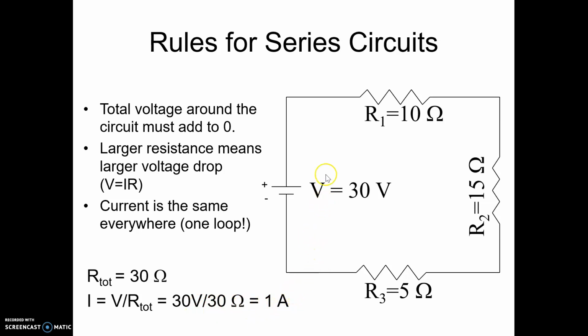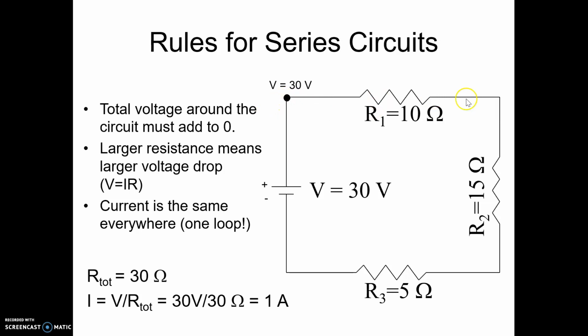Okay, so now if we walk around the voltage loop, you go up 30 at the battery, so anywhere in here is 30 volts, and then you're going to drop down across each of these resistors, but their drops are not going to be equal because the resistances are different here. So now you have to actually do the math. 1 amp, Ohm's law, V equals IR, current times resistance. 1 amp times 10 ohms means this resistor is going to have a 10 volt drop.